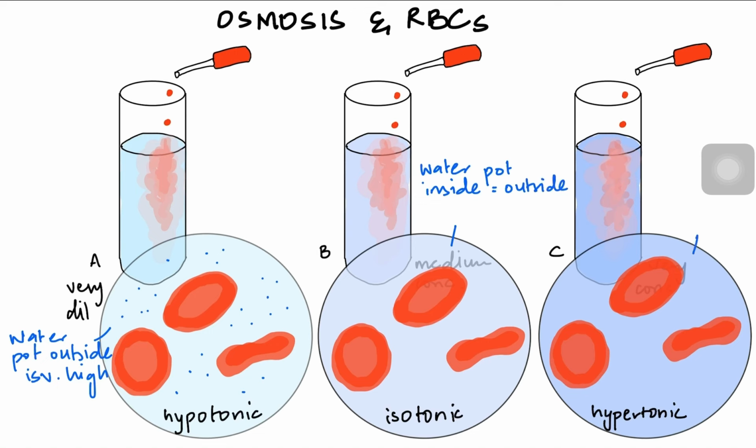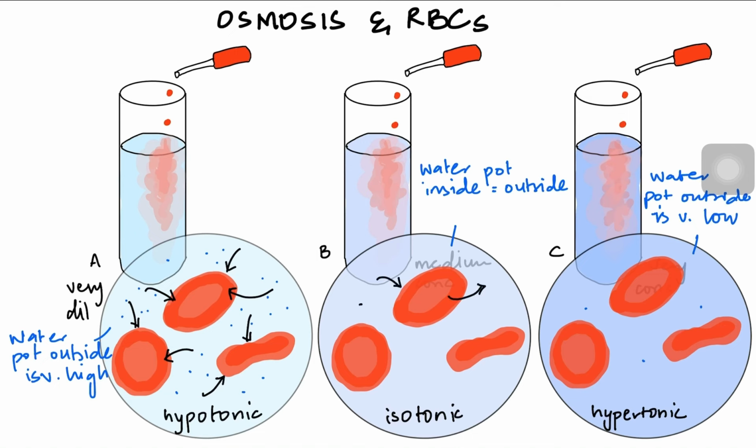And in C, the water potential outside is going to be very low, which means there is very less water in the test tube compared to the red blood cells, obviously. In the hypotonic one, since there's a high water potential, the water is going to move inside the red blood cells because water always moves from high to low.